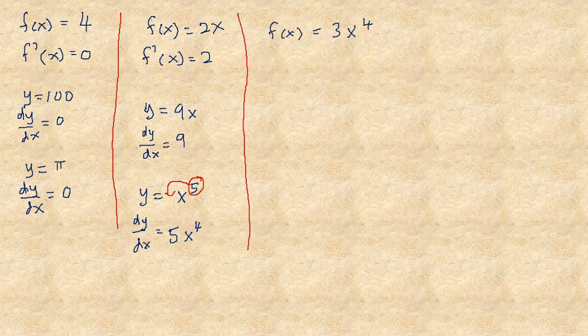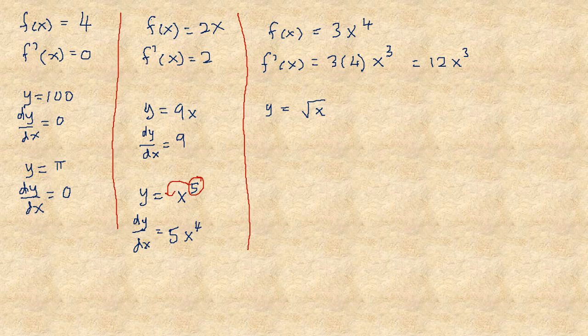Now we have f(x) = 3x to the power of 4. If we differentiate this, f'(x) will be equal to, we bring the power 4 to the front, and multiply by 3. So 3 multiplied by 4 multiplied by x to the power of 4 minus 1. 4 minus 1 is 3. So we get 12x to the power of 3.